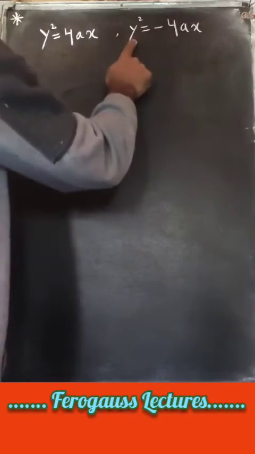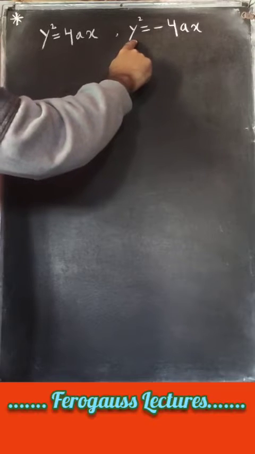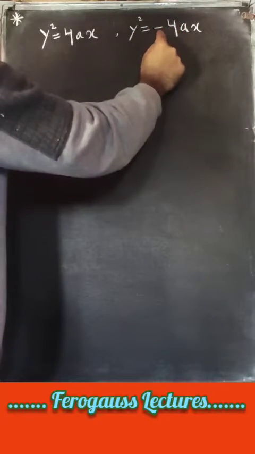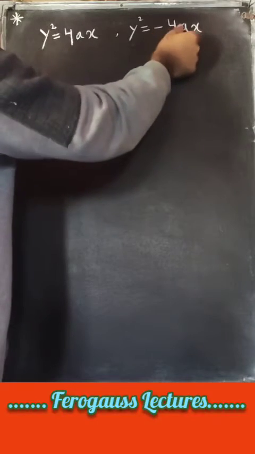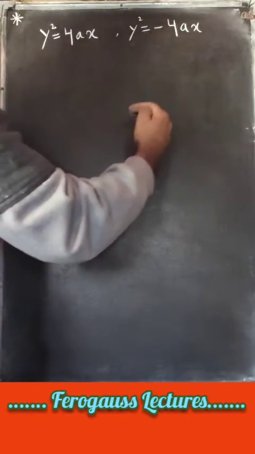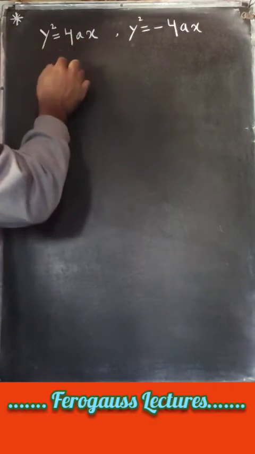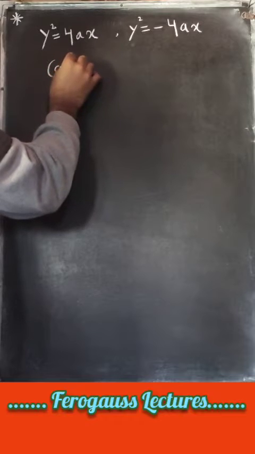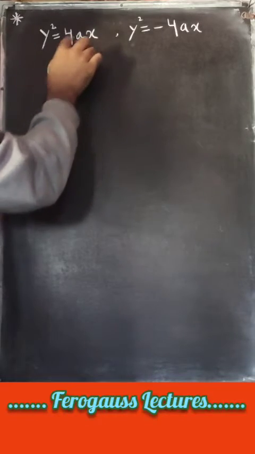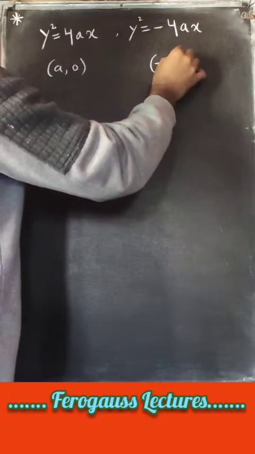And here also, this parabola is symmetric about x-axis, and here we have minus times 4a. That is, if 4a is negative, then the axis is along negative x-axis. And focus of this parabola is a comma 0, and focus of this parabola is minus a comma 0.